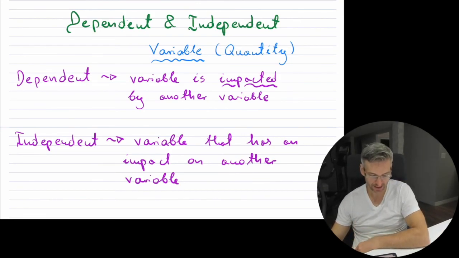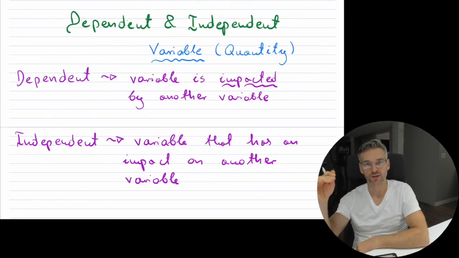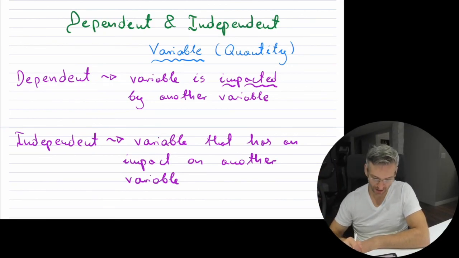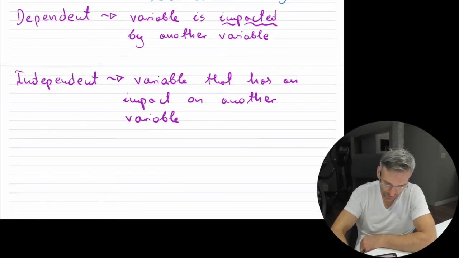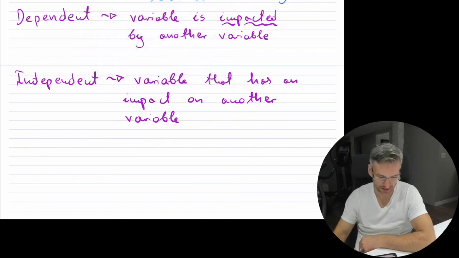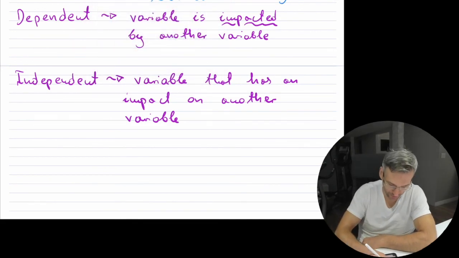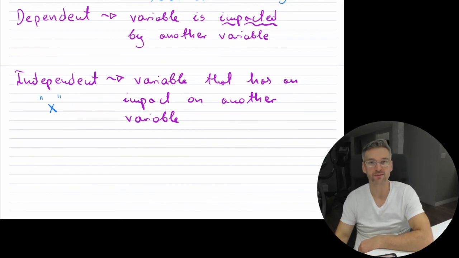So in that sense, your independent variable would be your fitness level, and your dependent variable would be your heart rate. What we like to do in math, and I will write here, is call the independent variable X, and that's what you typically see in math.